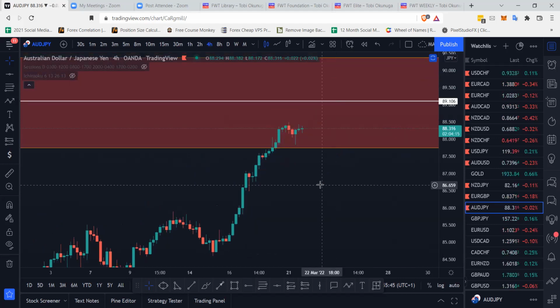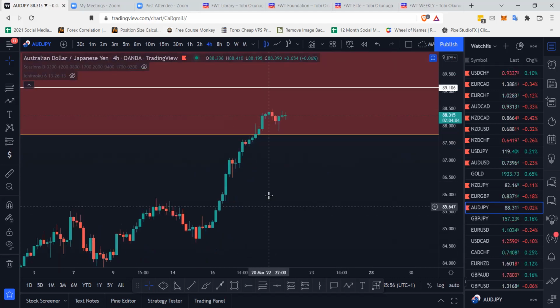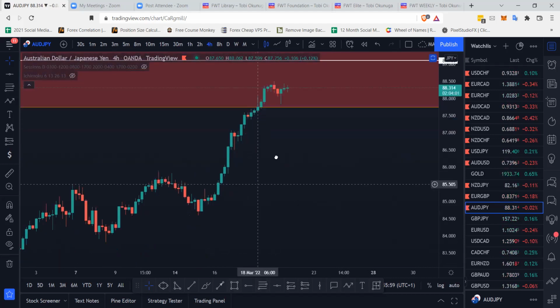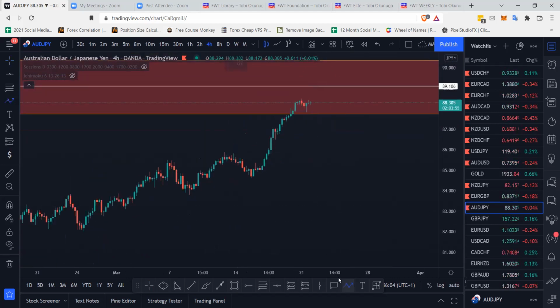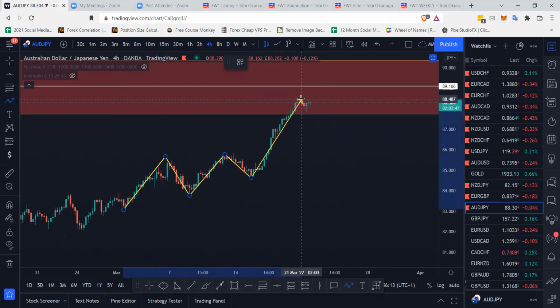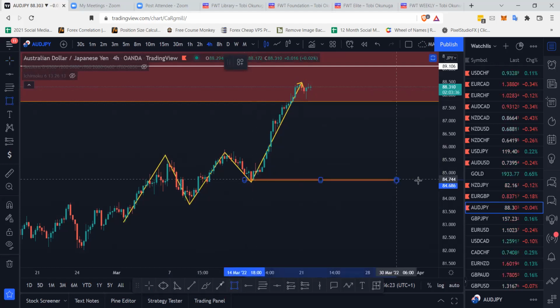I believe that price will still very much get into this median line before the breakout, before the order block will be formed. Right now we cannot even use this zone as the order block, because if you are to use it, to take entry, this will be the structural area.